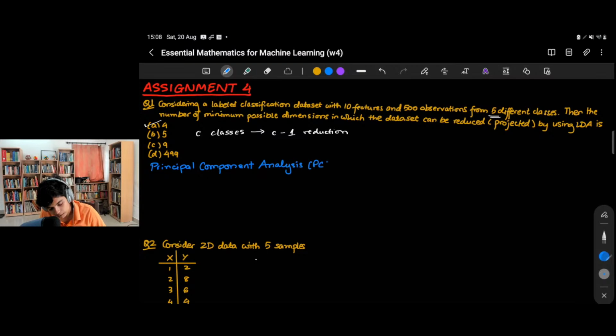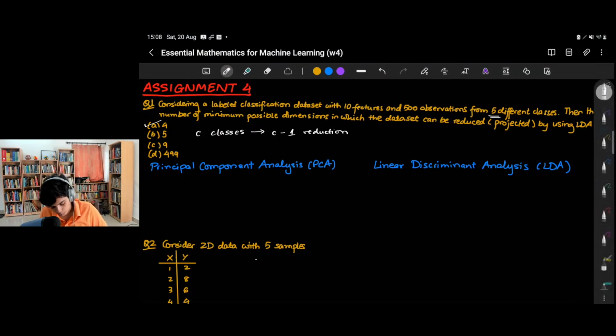So PCA for short, and then we have the linear discriminant analysis, which is LDA. Okay, so some properties we will write.